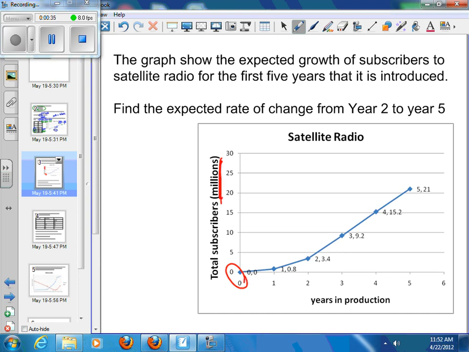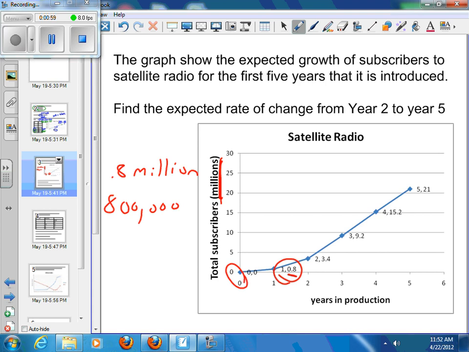So in the very first year of production of satellite radio, year 1, we had 0.8 of a million. 0.8 million would be 800,000. So the first year satellite radio came into production, there were 800,000 people that started using it that very first year.